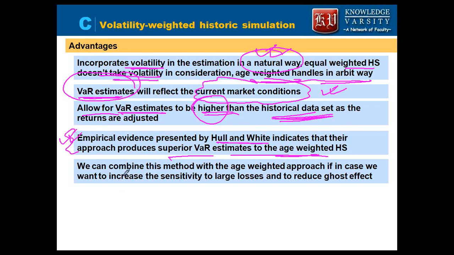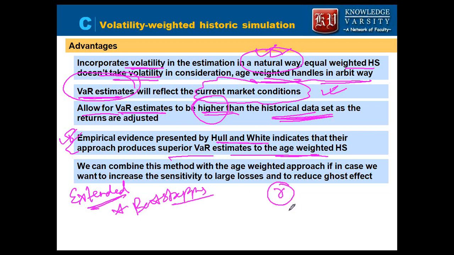Now, this method can be extended, for example to incorporate bootstrapping. Why take the original return for those days? I can take the new return, R star. I can also get this R star and then apply the age weighted technique. So there can be various extensions of this method.